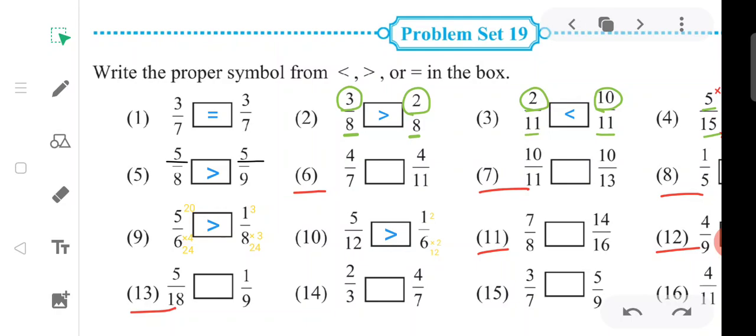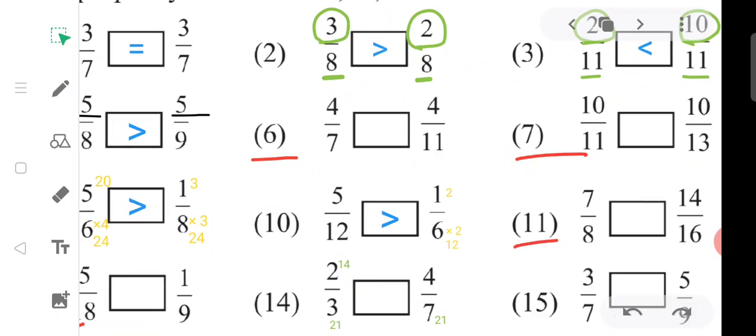So how do we get 21 from 3? If we multiply 3 by 7, we get 21. So we need to multiply 2 by 7. 2 sevens are 14. Now in the second fraction, see, how do we get 21 from 7? If we multiply 7 by 3, we get 21.